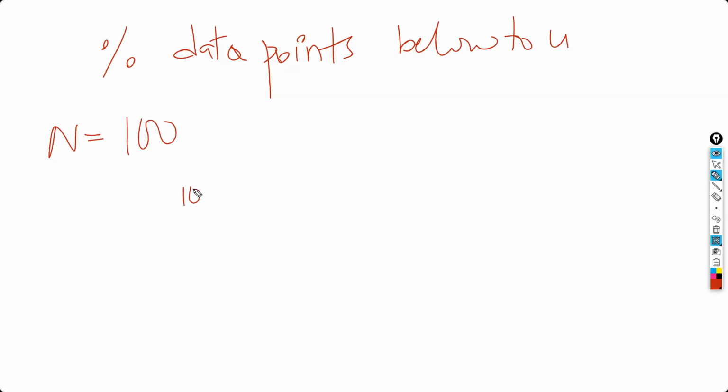Now, what is your percentile? I don't want your marks, how many marks you have got. But your rank is 10. Rank means your position. Out of 100, your position is 10.